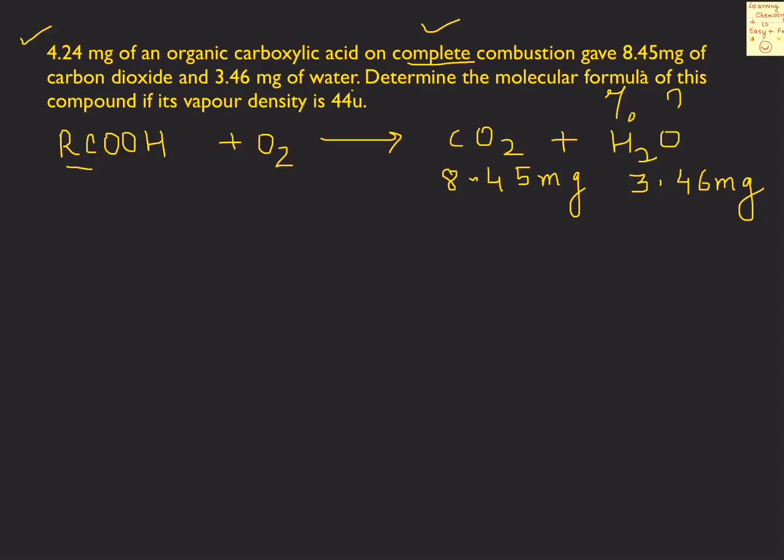See, carbon dioxide, 8.45 milligrams. Take the case of carbon dioxide. What is its relative molecular mass? Atomic mass, carbon is 12, oxygen is 16. So RMM would be, yes, very simple, it is 44 U. Now in this 44 U of carbon dioxide, how much is carbon over here?